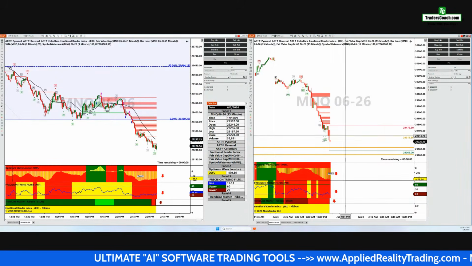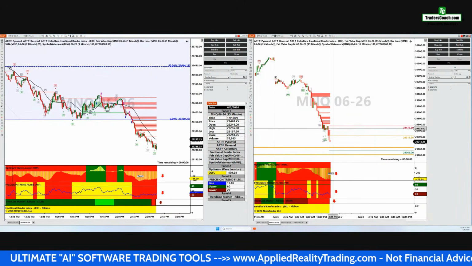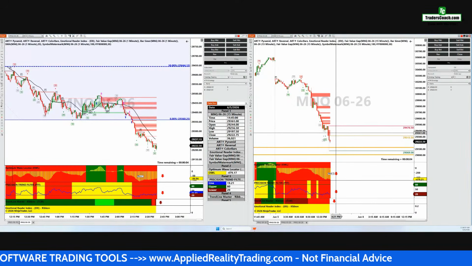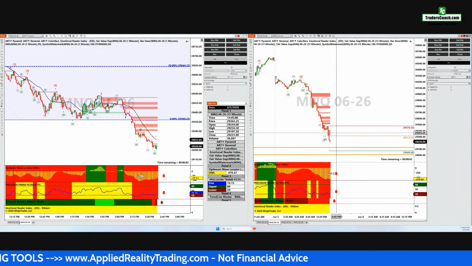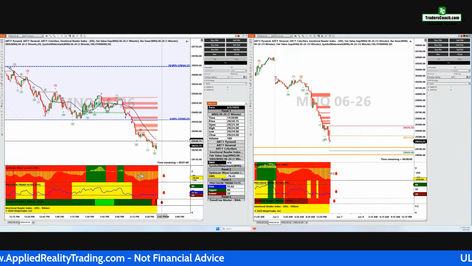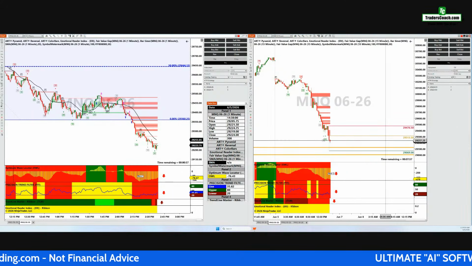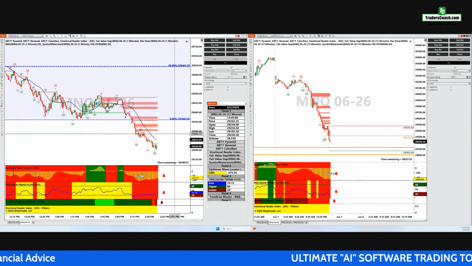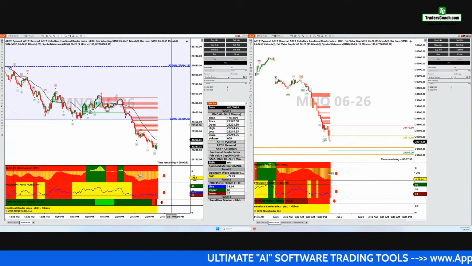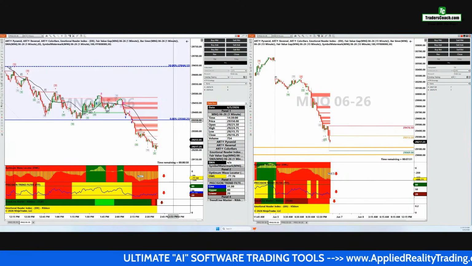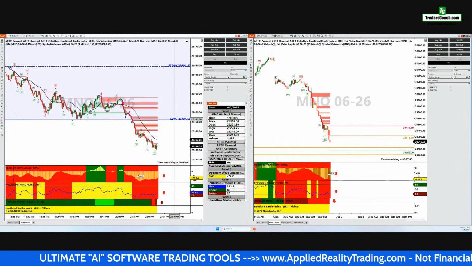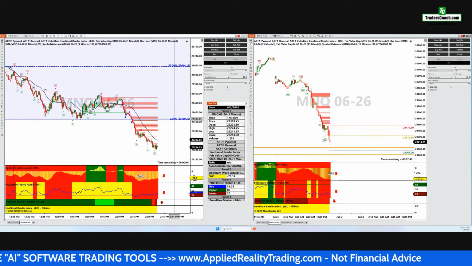All right, so on the 5-minute, we've got a bearish fair value gap. Consequent encroachment on that one, if it decides to pop up here, is 363. Geez, really? 363. Wow, that's way up here. Okay.